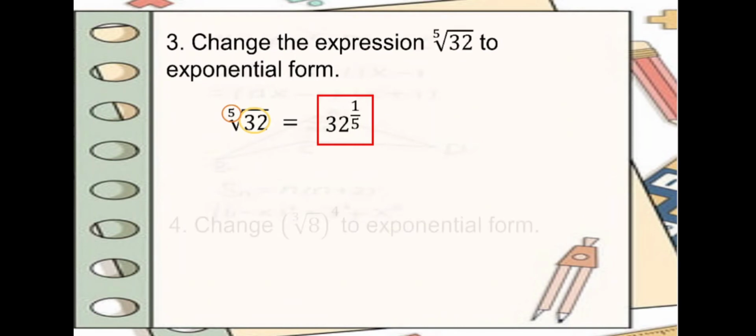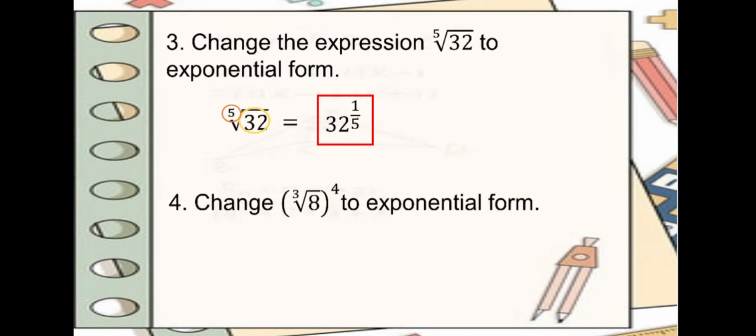How about number 4? We will change quantity cube root of 8 raised to the 4th power to exponential form. Kopyahin muna natin yung given. And then, yung answer is quantity 8 raised to 4 over 3. So, paano naging ganito yung answer natin? So, yung radicand natin, siya yung ginawa nating base.